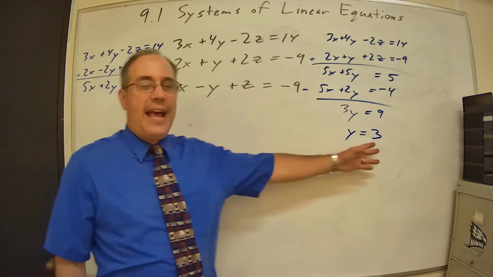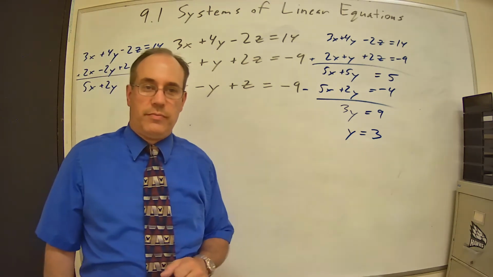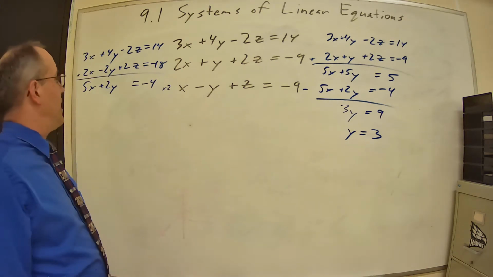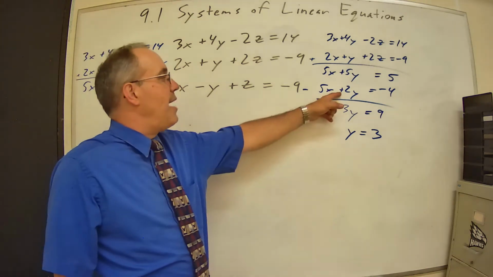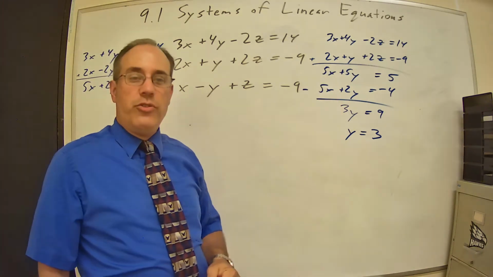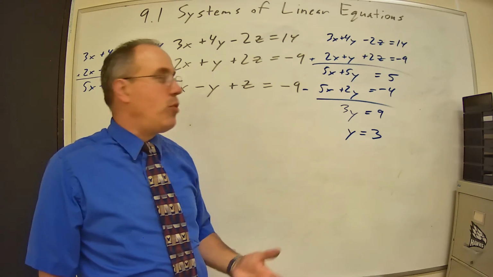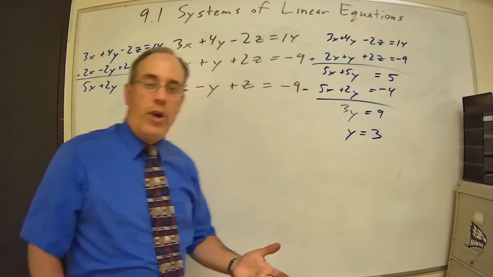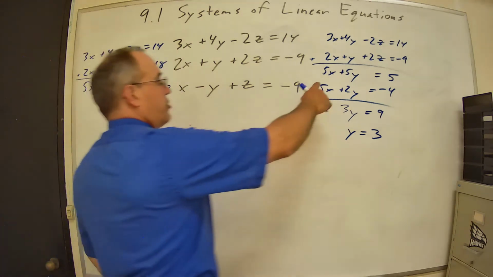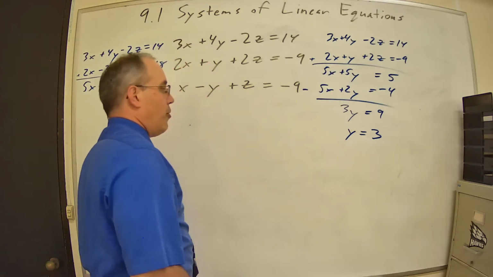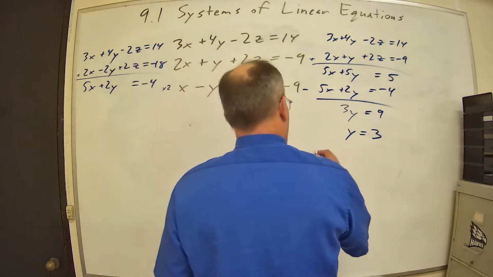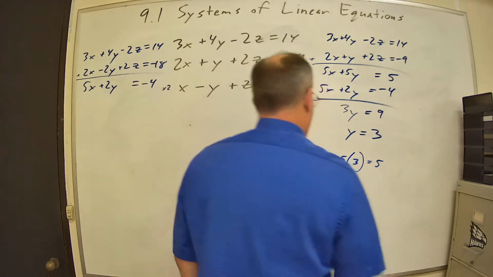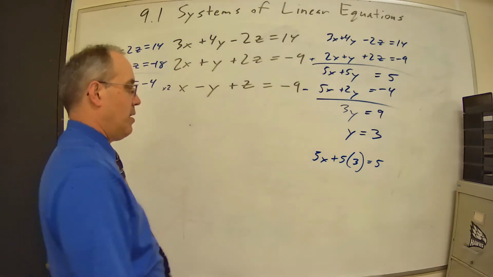So now I have one of my variables. I can now take that and substitute that into either one of my two variable equations. It doesn't matter which one, because I just need to plug this in here and find out what x is. So I'm going to choose the top one. 5x plus 5 times 3 is equal to 5.